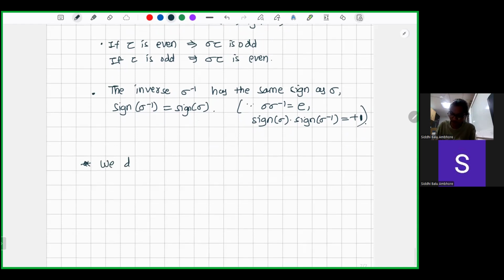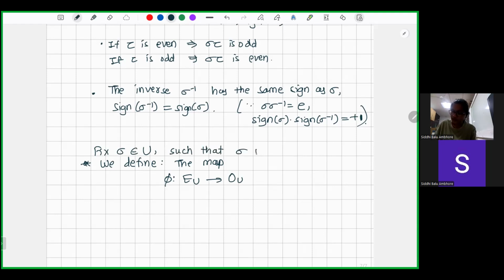We define the map phi from EU to OU, the set of all even permutations to odd permutations. So we fix sigma belonging to U such that sigma is an odd permutation.